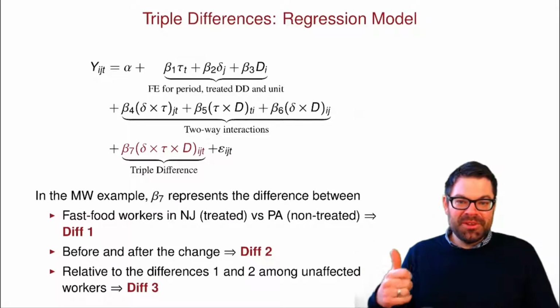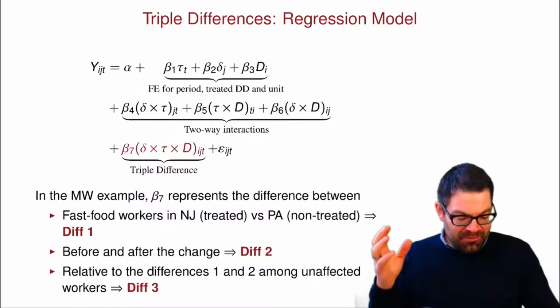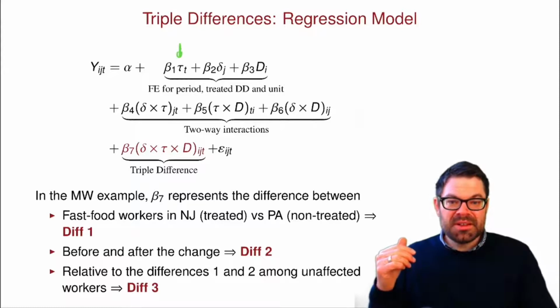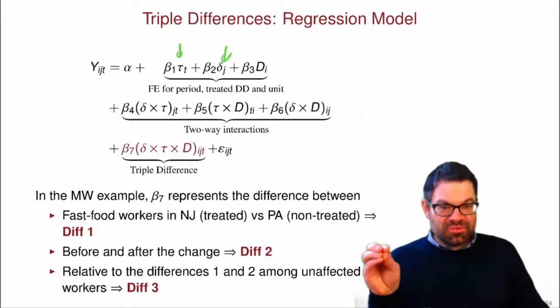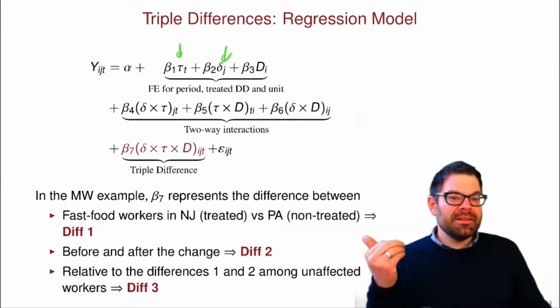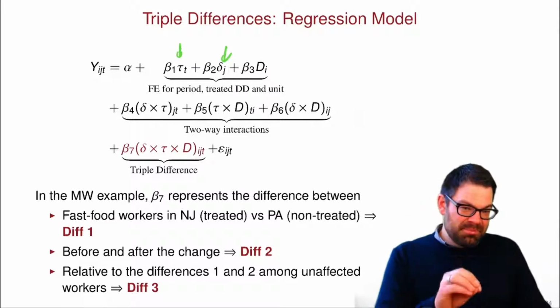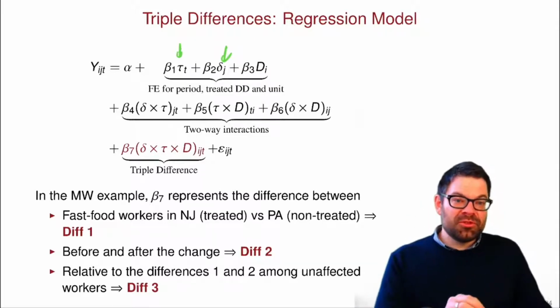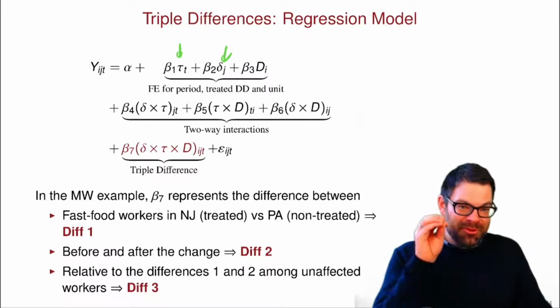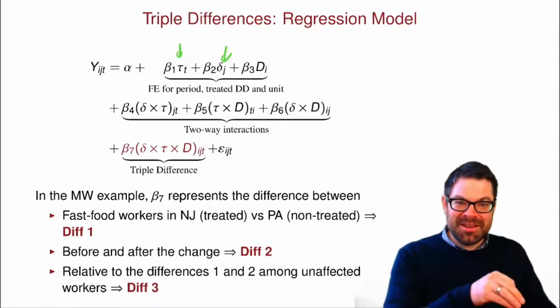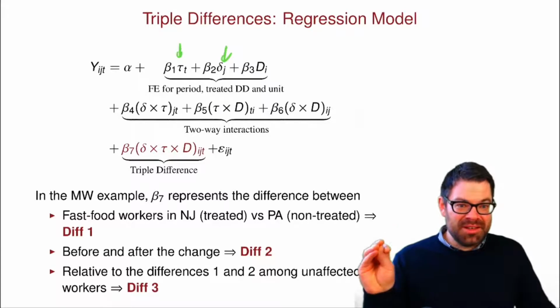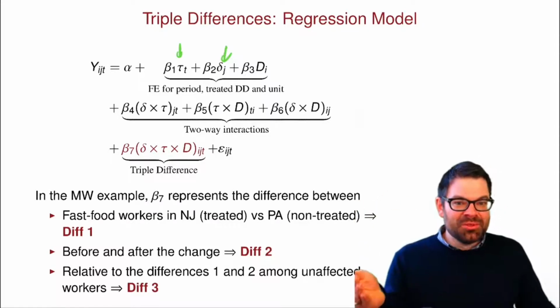Okay, so you have here now a model with fixed effects for periods, fixed effects for whether a unit is treated, and in the minimum wage case, treated means the unit is in New Jersey after the introduction of the minimum wage. Even if you're a college educated worker in New Jersey after 1992, you would still be counted as treated, even though the policy doesn't do anything for you.